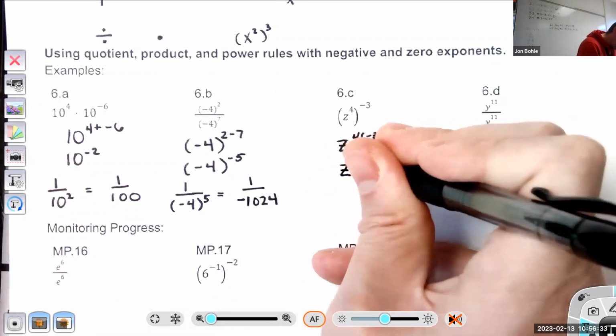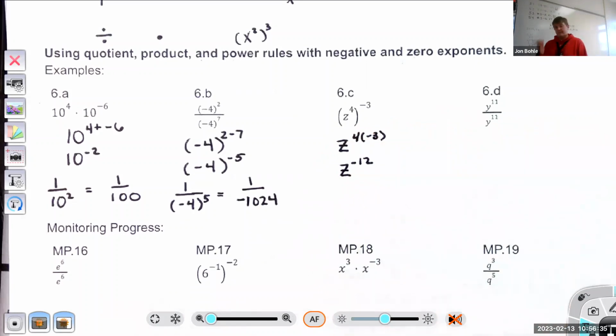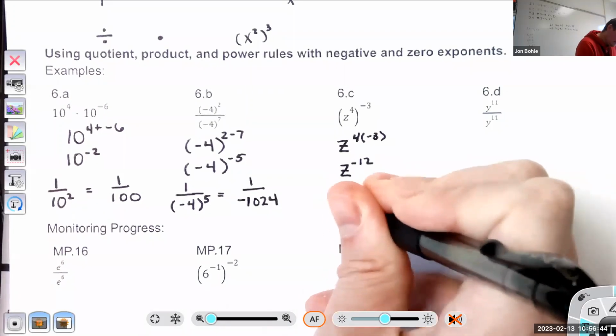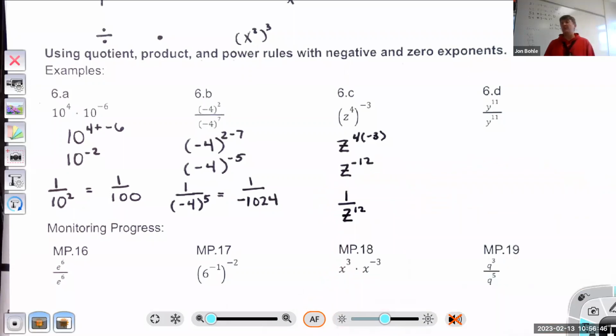So then I get z to the negative 12th power. And then to simplify it to get an exponent that's positive, I'm going to put it under 1 and make its exponent positive.